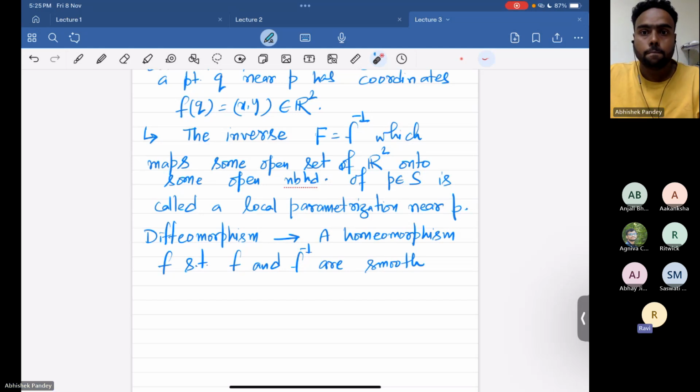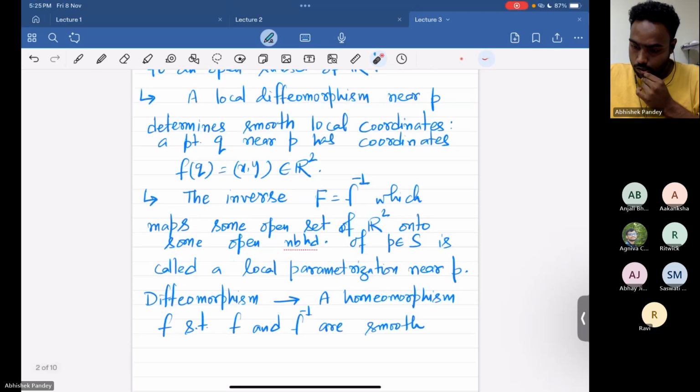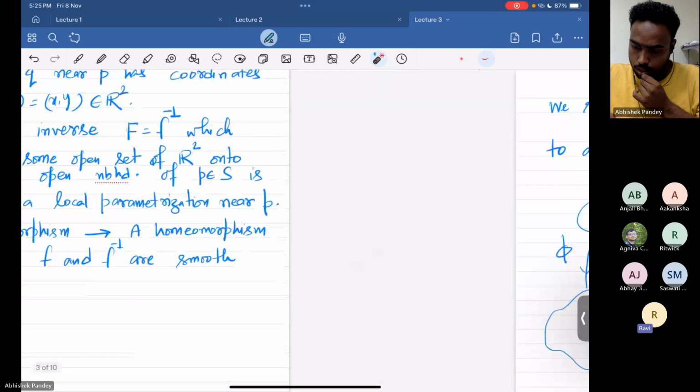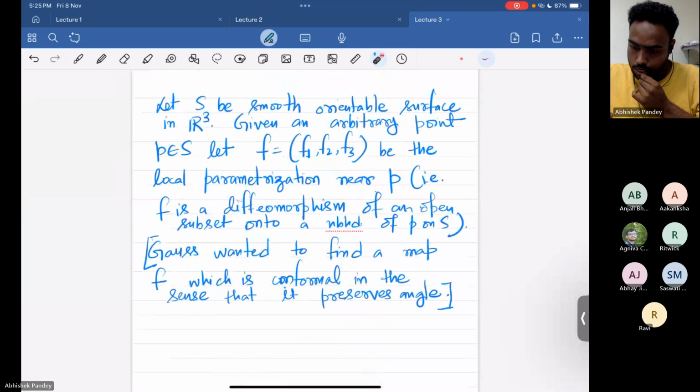Sorry, here f is defined only on the surface. So how can you define the partial derivative on this f, or f inverse? One of them is defined on the surface, right? Yeah, say f inverse.